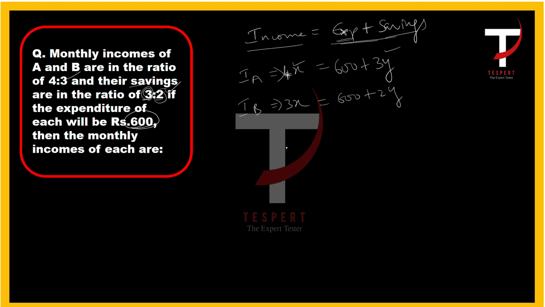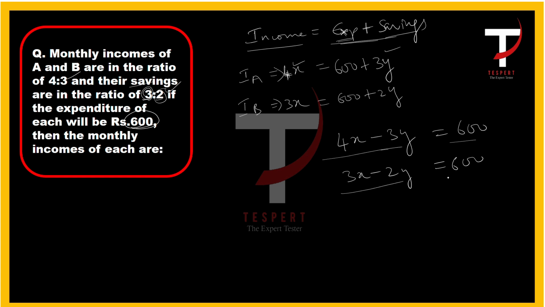So just simplify this. 4x minus 3y is equal to 600 and 3x minus 2y is equal to 600. So this one is equal to 600, right?